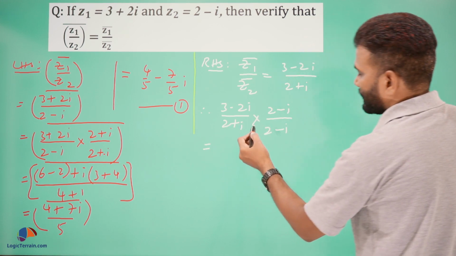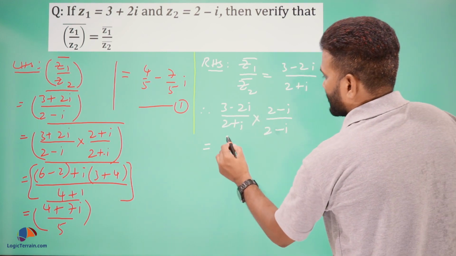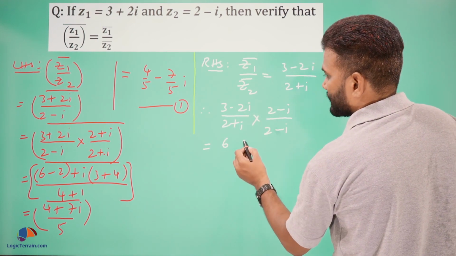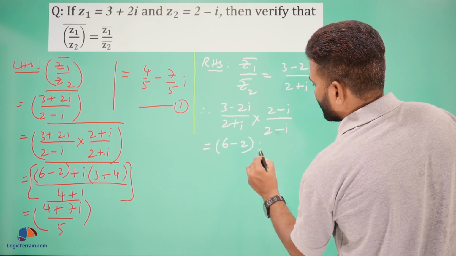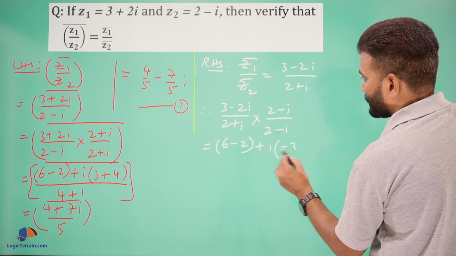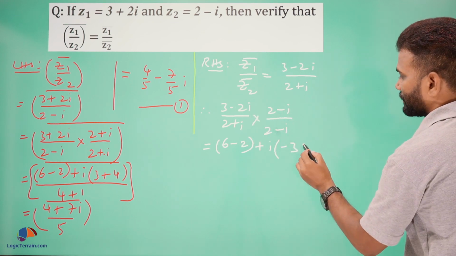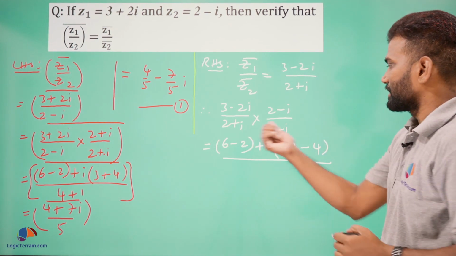So on multiplying again by using the product rule, numerator into numerator: 3 2s are 6 minus 2 1s are 2, plus i of AD: 3 into negative 1, negative 3, negative 2 into positive 2, negative 2 2s are 4, upon the denominator, which looks like (A plus B) into (A minus B).